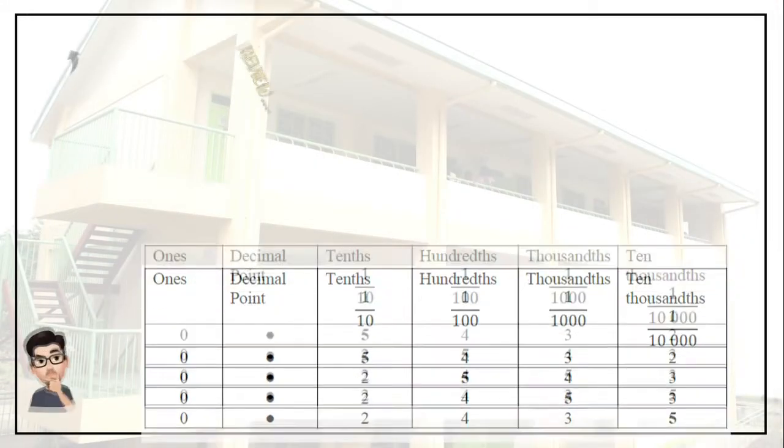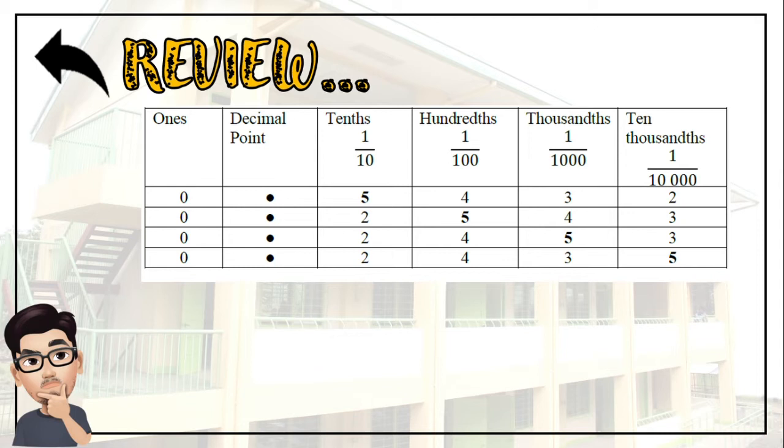The next one, yung ikalawa namang row, it's 0 and 2,543 ten thousandths. It's your choice if you wanna pronounce 0 or not. Pwede naman. Pwedeng 0 and 2,543 ten thousandths or simply 2,543 ten thousandths.